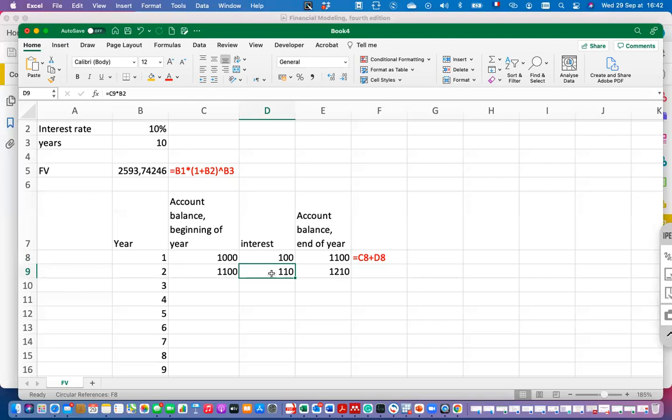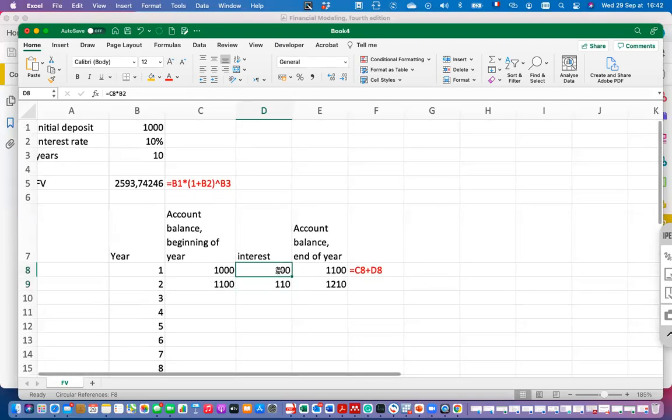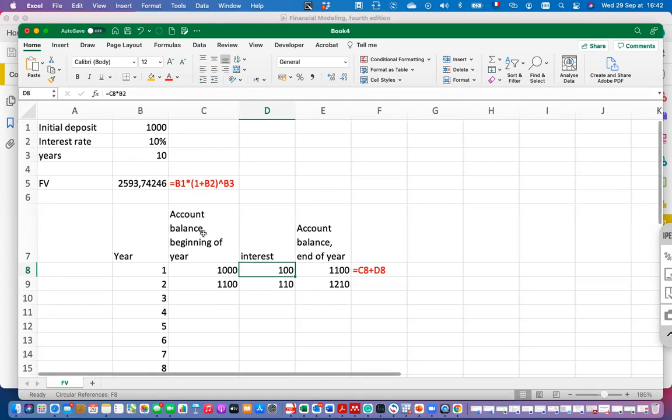For example, see here for the first year, for the interest cell D8. So it's equal to C8, which is the account balance by the beginning of the year, times B2, which is the interest rate. So the account balance is changing every year, but the interest rate is constant. Every time you have a constant cell in Excel, you have to put the dollar sign.